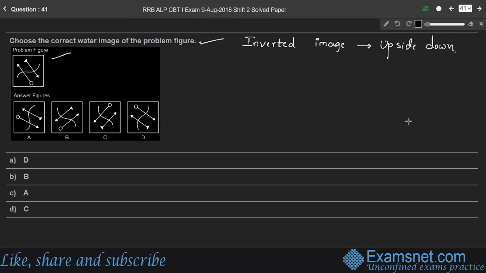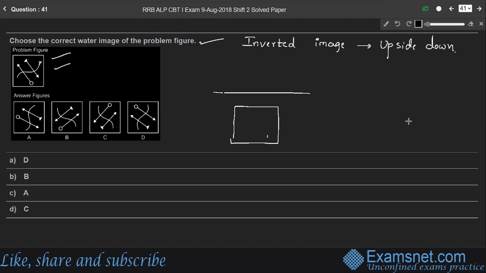In the problem figure, here is a curved part. In the water image of the problem figure, this part, which I am showing now, is the upper part, so this will become the lower part.